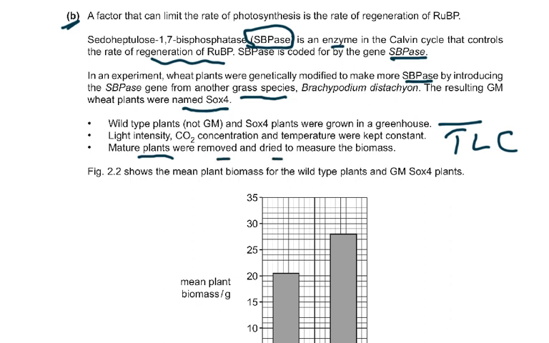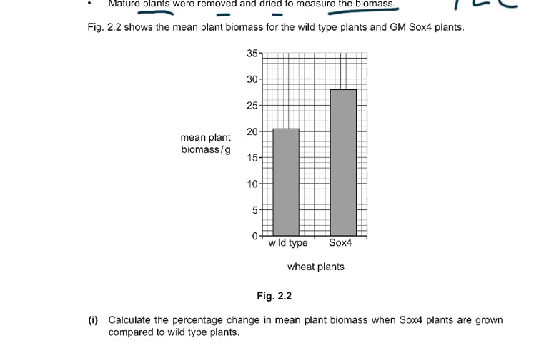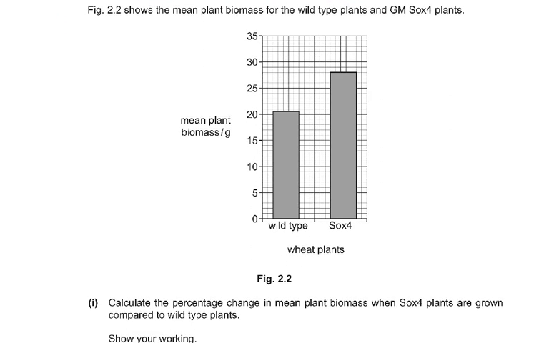Mature plants were removed and dried to measure the biomass, so that we know how much plant matter it has. More the biomass, more the growth. Figure 2.2 shows the mean plant biomass for the wild type plants and GM SOX4 plants. Wild type here and SOX4 here. Mean plant biomass in grams.